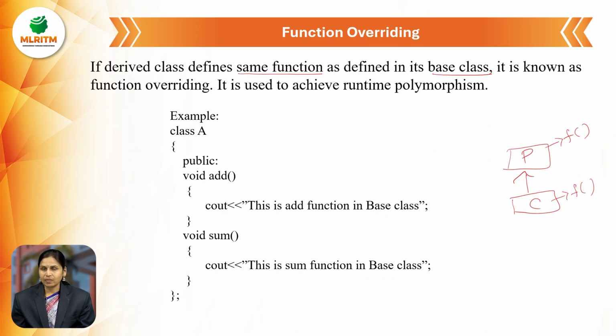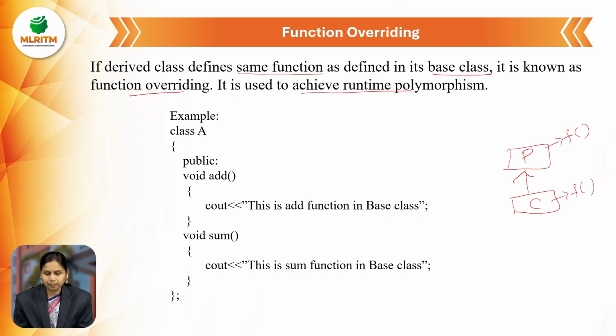The child class function overrides the parent class function, so it is known as function overriding. The number of parameters, data type of the parameters, order of the parameters, everything is the same in both the classes. So it is used to achieve runtime polymorphism.